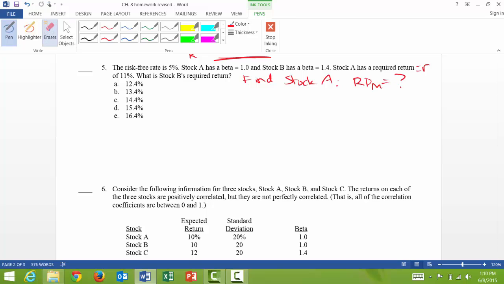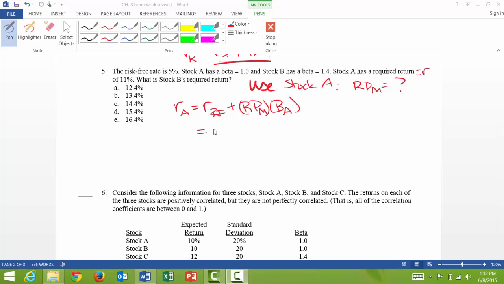So I could actually use stock A. Okay, so I'd say the return on A is equal to the risk-free rate plus the market risk premium times the beta for stock A. So they said the risk-free rate was 5% plus the market risk premium, which we don't know yet, and the beta for stock A is 1, and it said the return for stock A was over here of 11%.